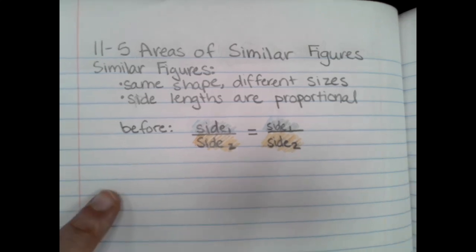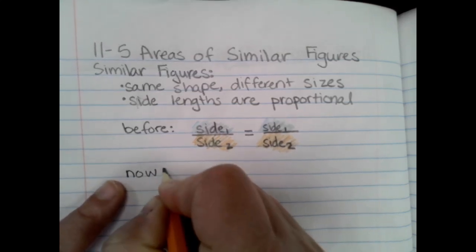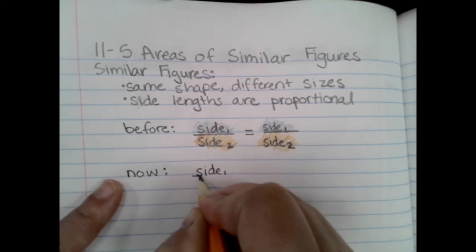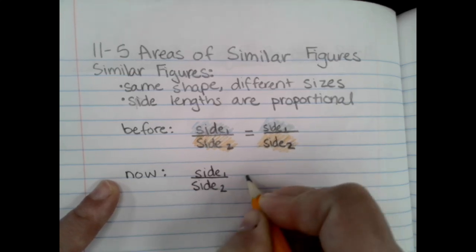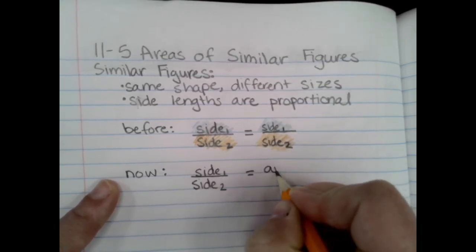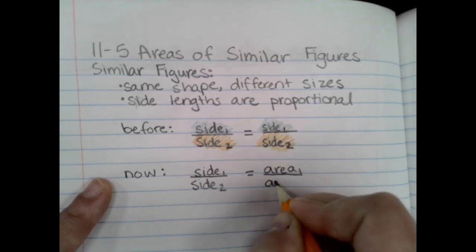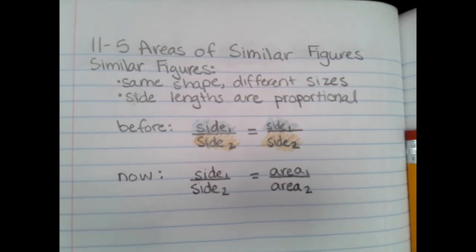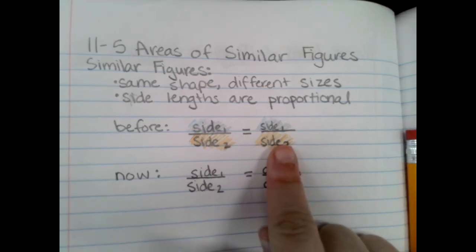All right, what we're doing now, though, is we're still going to compare one side to another side. So side 1, and we're going to compare it to side 2. But now we're doing it with areas. So we're going to compare the area of 1 to the area of 2. But with sides, we can't just compare straight across to areas. It won't work that way because sides match with sides.